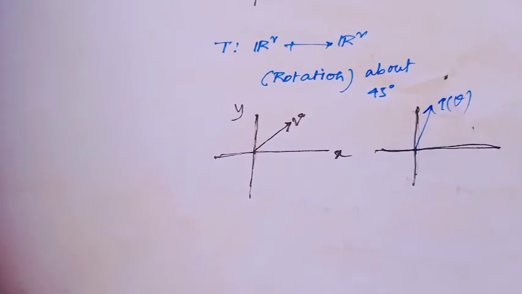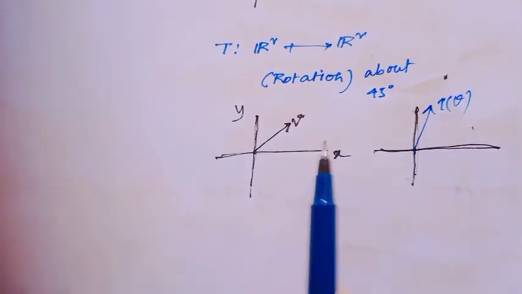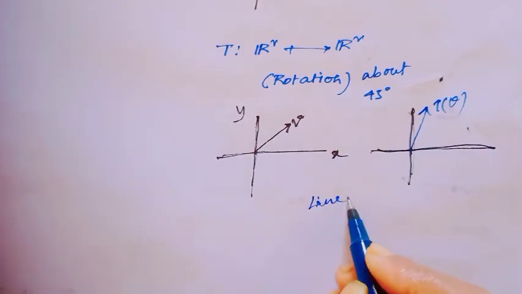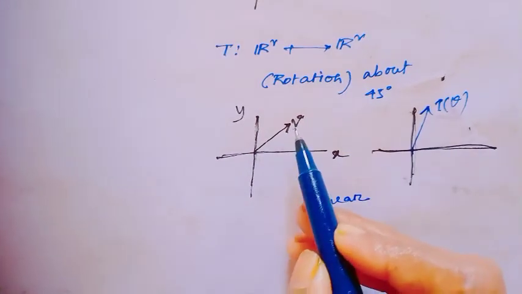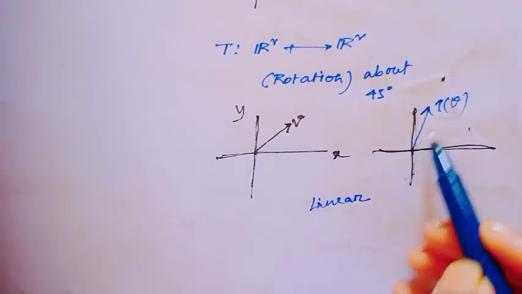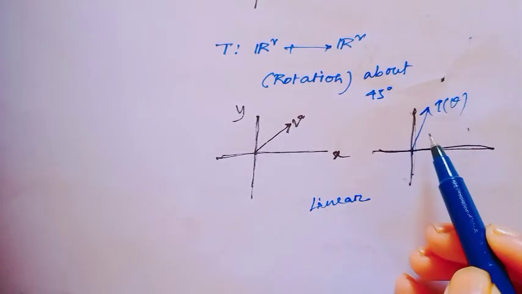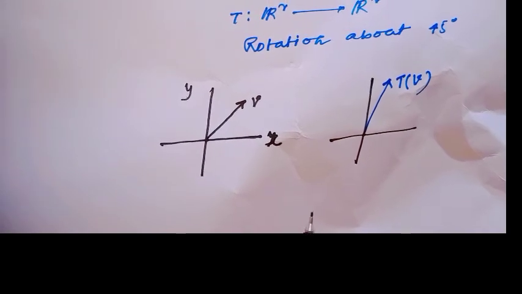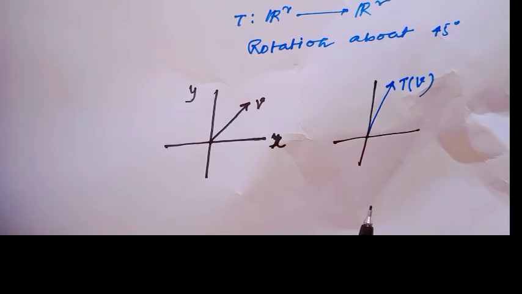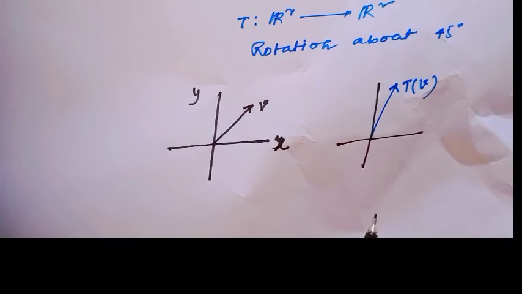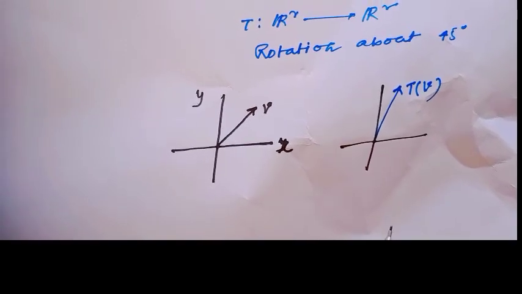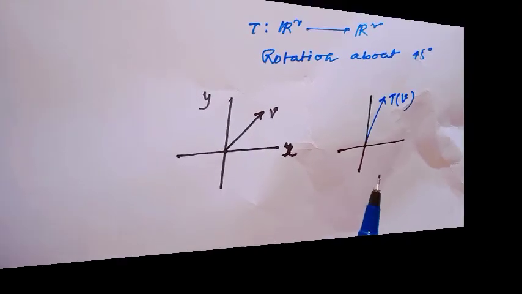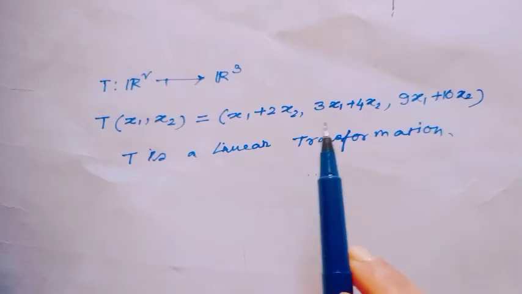Here is the transformed vector. And obviously this mapping is a linear transformation, because if we scale one vector, then this would be scaled similarly. If we add two vectors, then rotate them, this is obviously the same as first rotating these two vectors, then adding them. So obviously this mapping is linear.